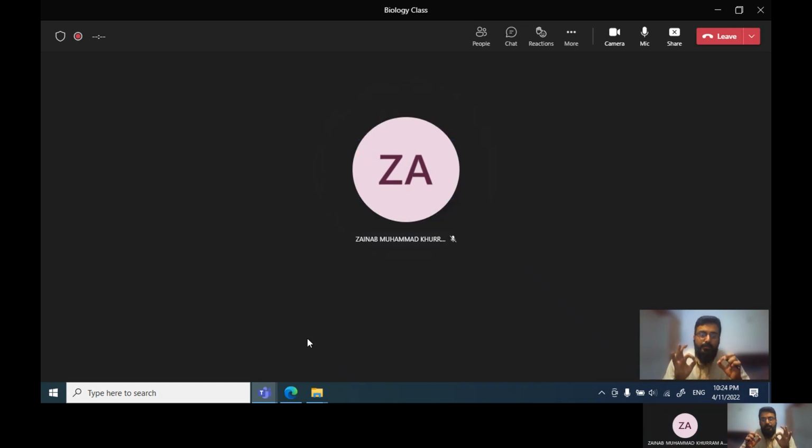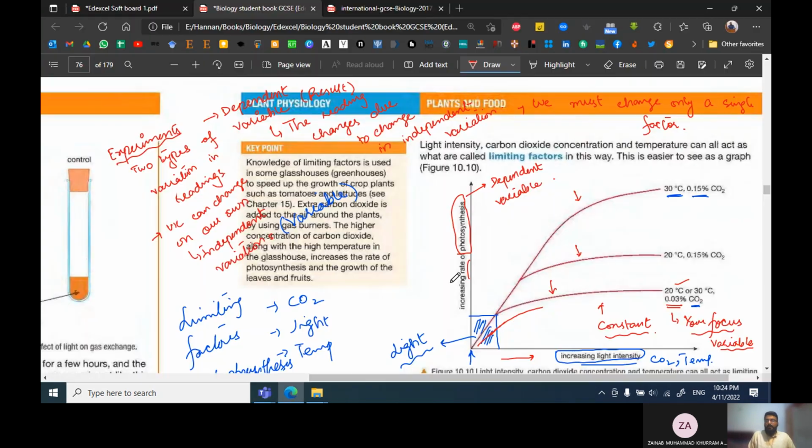This is the point of the experiment at our level, not at the thesis level, MPhil level, BS level, because there are some other ways to change two factors simultaneously. But still you must know that at our level we must vary only a single factor. So this is another important point, that one factor should be constant.